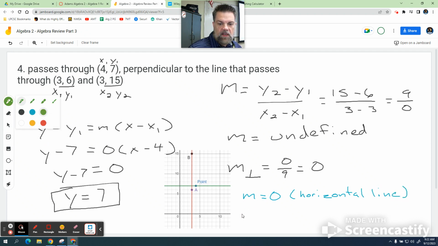When m equals a number over 0, actually I've got to do it the other way around, we'll say a over 0 equals undefined. That is a vertical line.